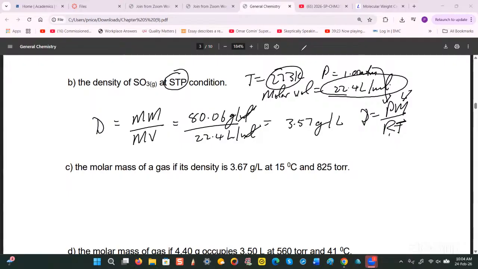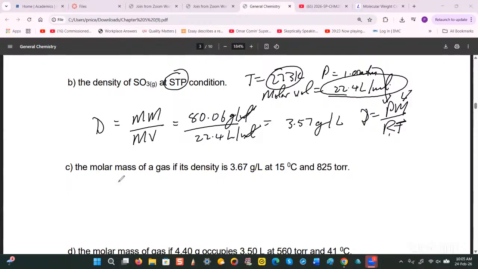Okay, any questions about this one? In the case of C, the question is asking for the molar mass of a gas if the density is 3.67 grams per liter, and it gives you the temperature and the pressure, right?